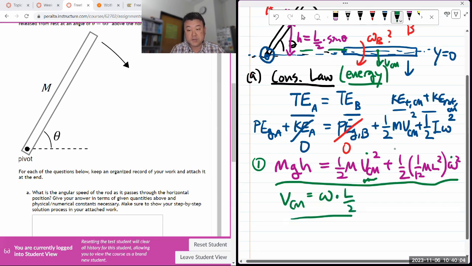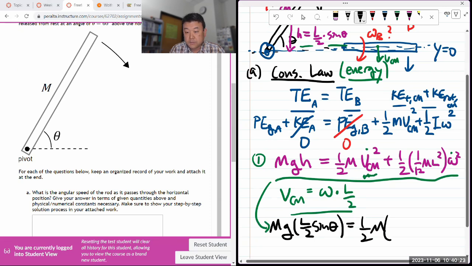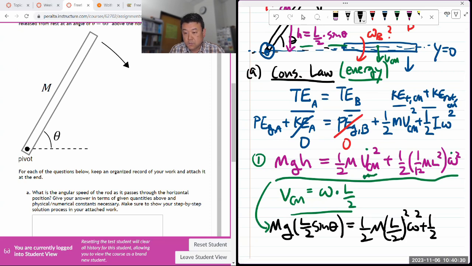So I'm going to plug this in, make this into an equation of only one unknown in terms of all known quantities, and I'll plug in the expression for h as well at the same time. So mg L over 2 times sine theta is equal to 1/2 m times L over 2 squared omega squared plus 1/2 times 1/12 ml squared omega squared.